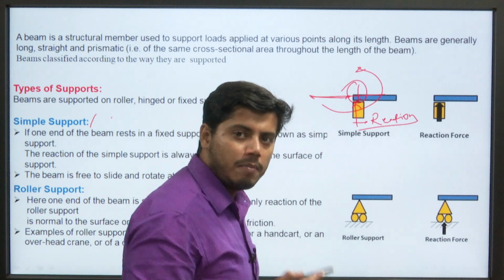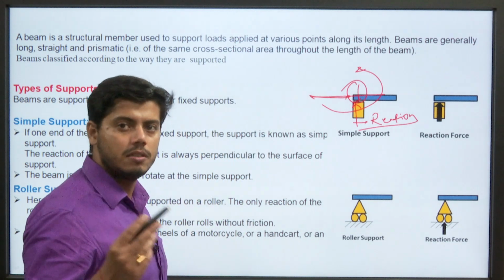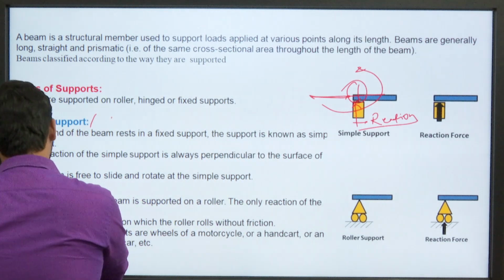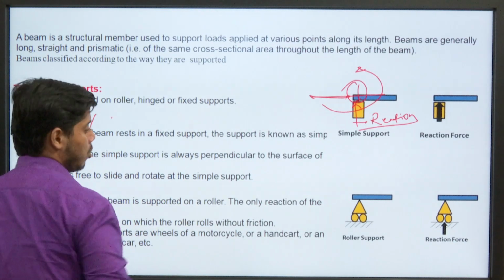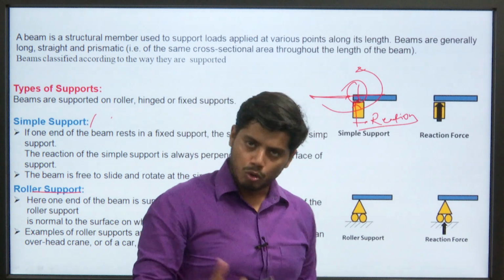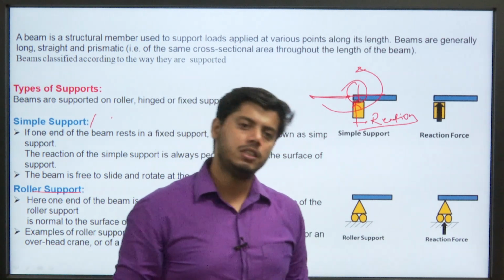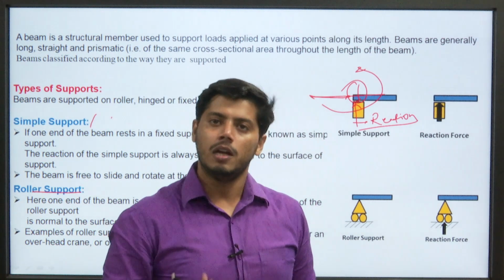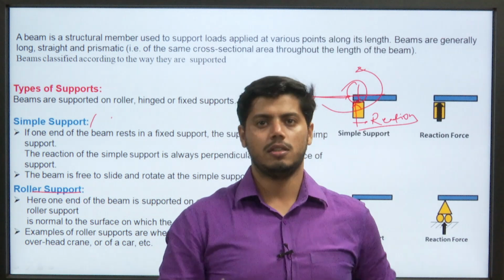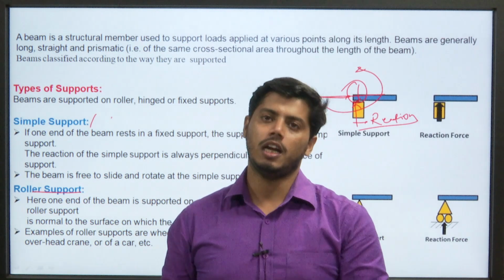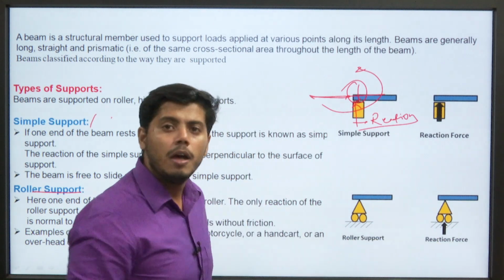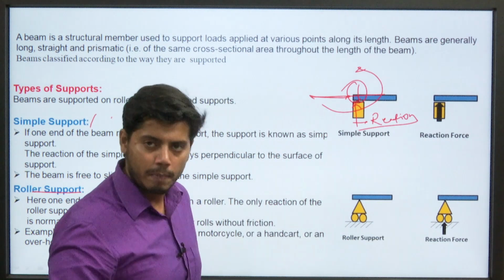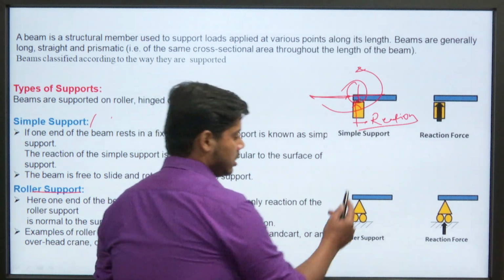Okay. Now the second type of support is roller support. So what is roller support? Roller support is a type of support in which the reaction force develops only against the vertical applied force, or perpendicular to the surface of the roller. So this is a roller support.